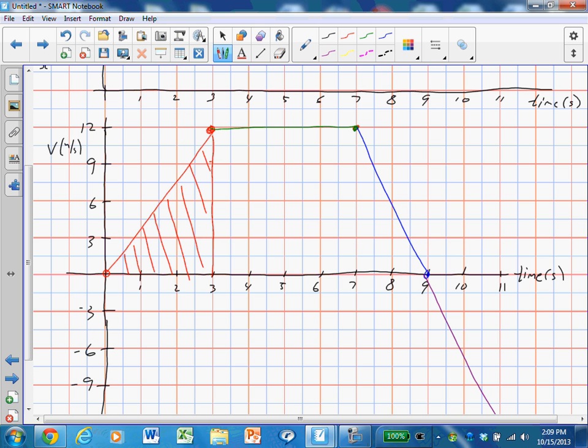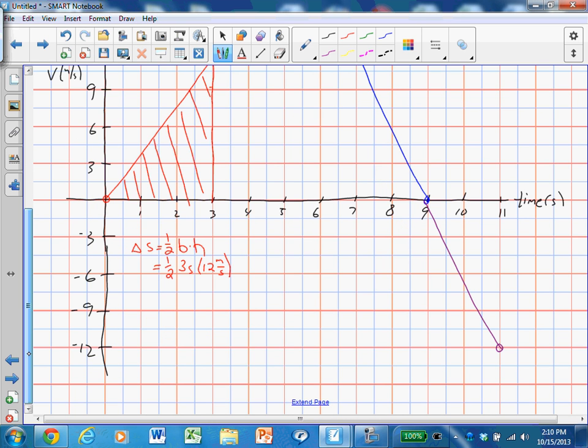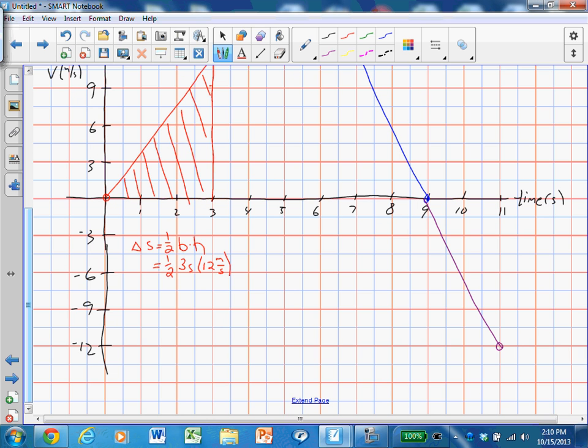So the change in position here is the area, which would be 1/2 base times height, since it's a triangle. The base would be 3 seconds, and the height would be 12 meters per second. And now I can see that the seconds would cancel, leaving meters, and I would have 18-meter change, positive.